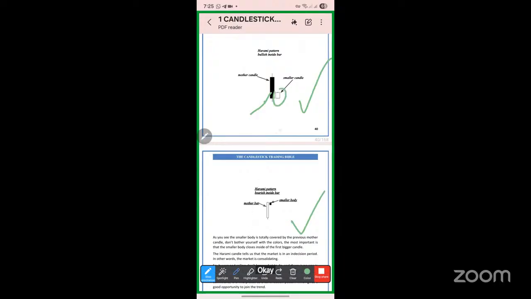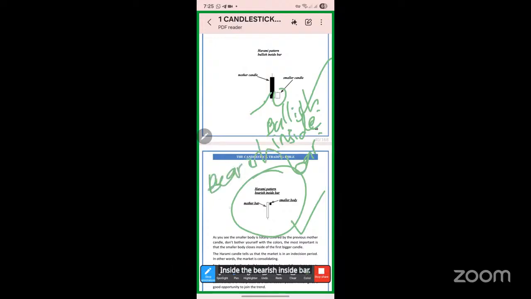It is also called the bullish inside bar. This one is also called the bearish inside bar. Once you see it, it indicates a reversal of the downward side.